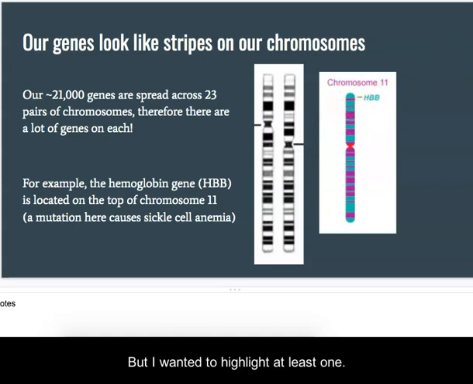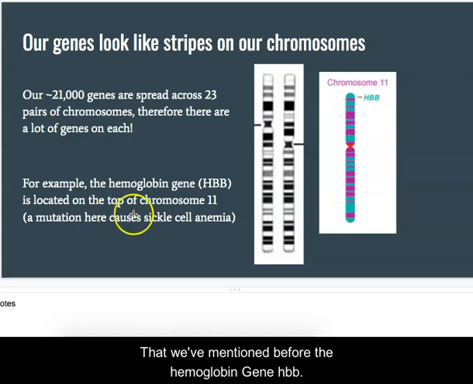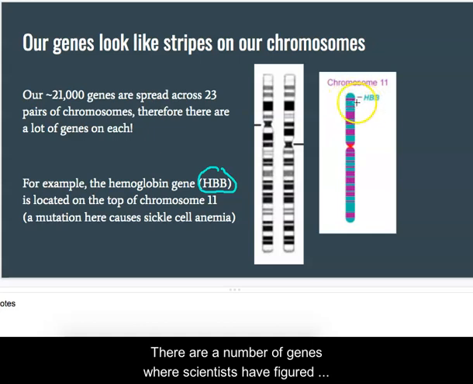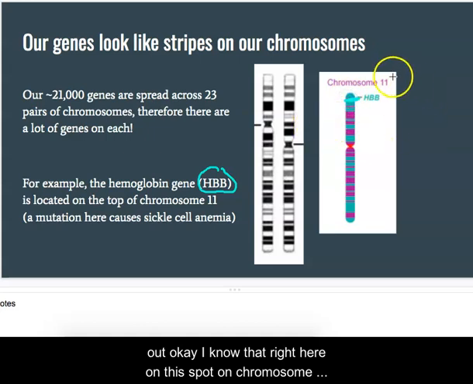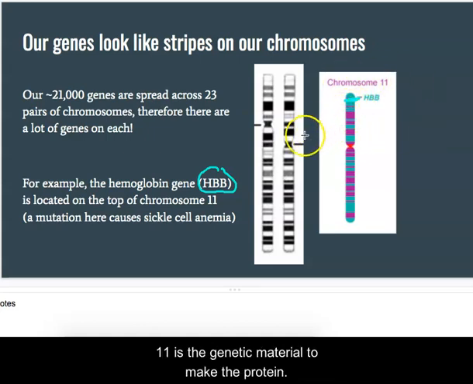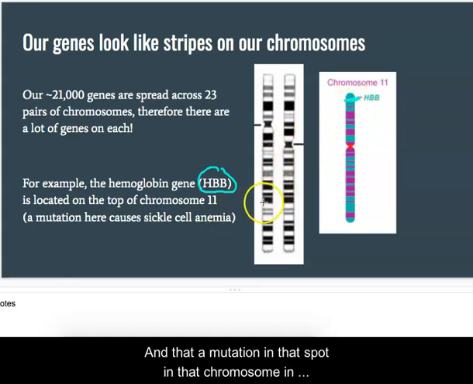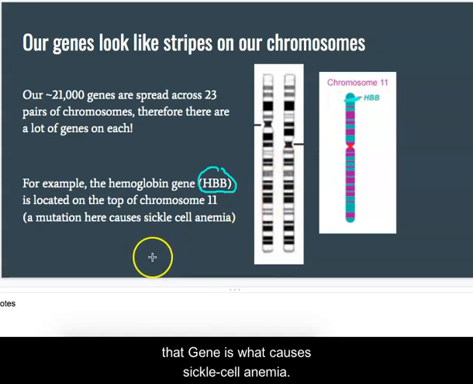But I wanted to highlight at least one that we've mentioned before, the hemoglobin gene, HBB, is located exactly on chromosome 11. So there are a number of genes where scientists have figured out, okay, I know that right here on this spot on chromosome 11 is the genetic material to make the protein hemoglobin. And that a mutation in that spot, in that chromosome, in that gene is what causes sickle cell anemia.